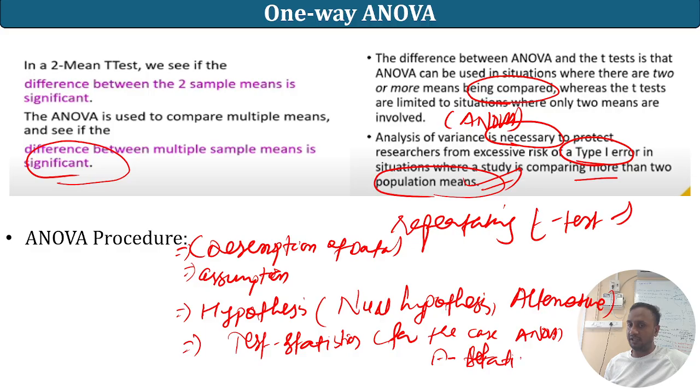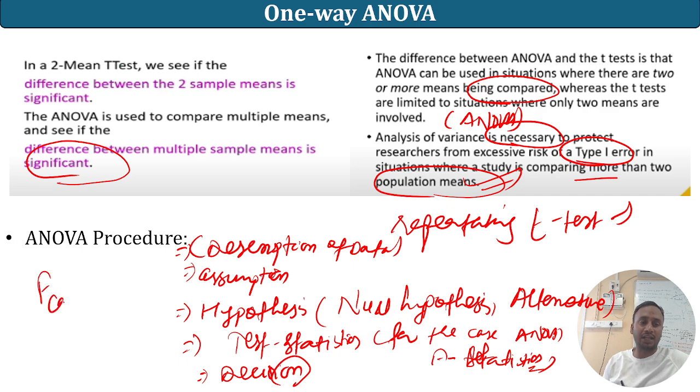The F test is what we did for two variances, where we checked the variance difference for two samples. Then we go with the decision rule. Once we calculate the test statistic, we get some value. We compare it with the tabulated value at the degree of freedom and level of significance.